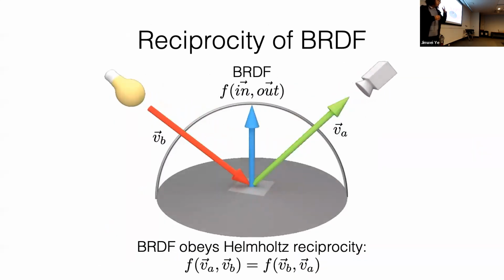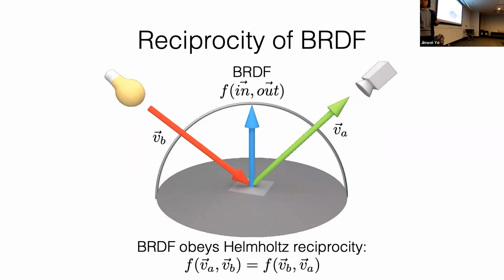In common sensing using light, when the polarization is not considered, we have the reciprocity of the BRDF. The BRDF is a function that describes the reflectance of light given the incident and outgoing direction.